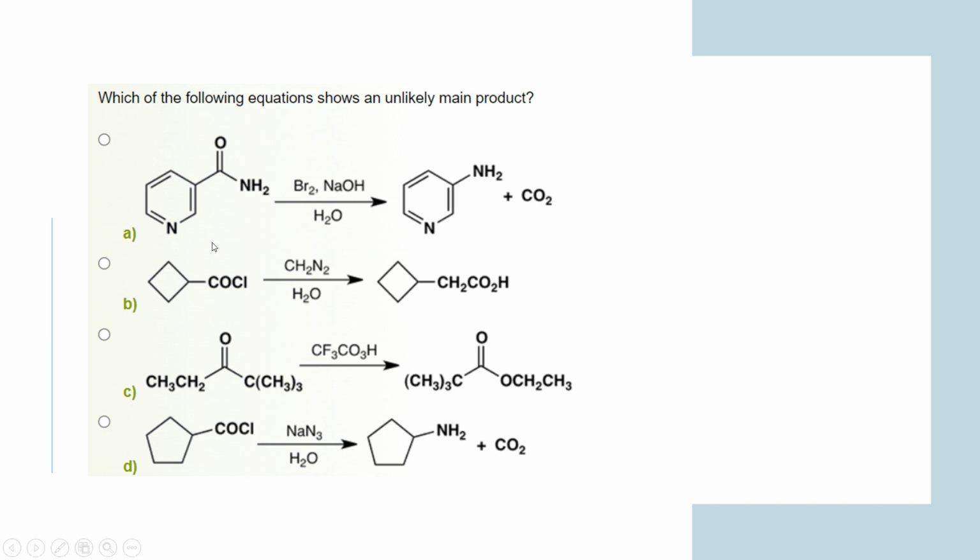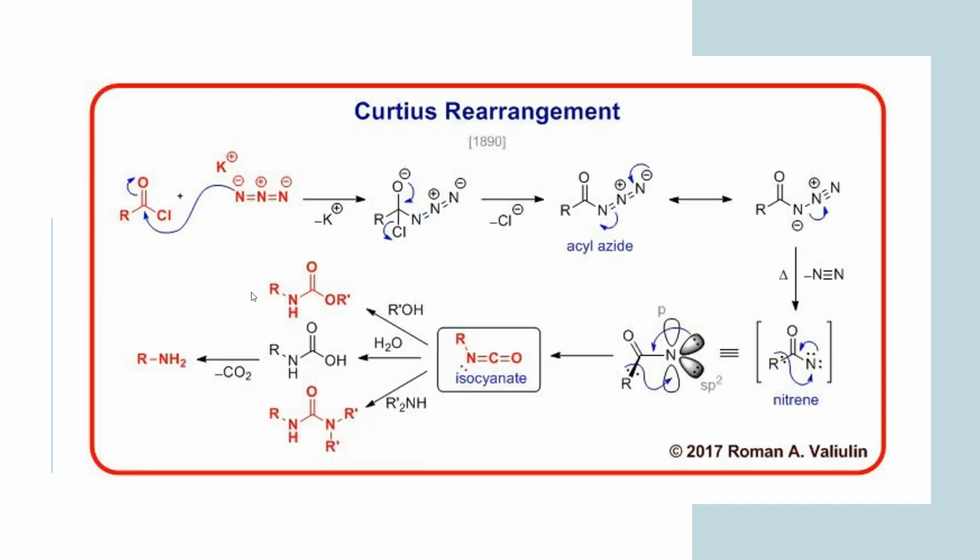After that, option B is given, where we have acid chloride now, and this acid chloride is now being treated with diazomethane in water, and we are getting this acid as the main product. So which reaction is this particular option involving? Let us look at its possible mechanism.